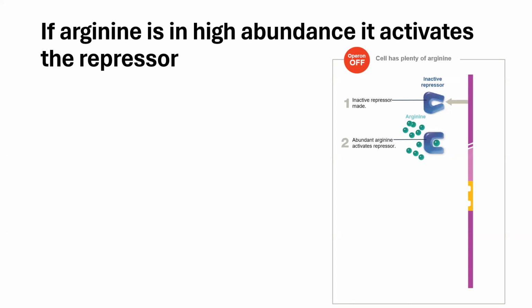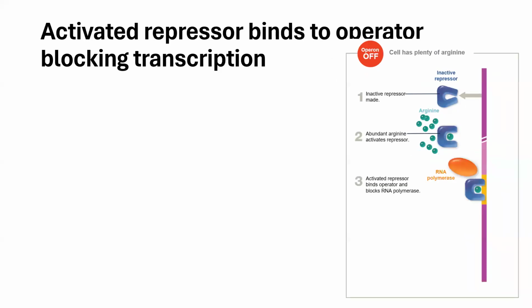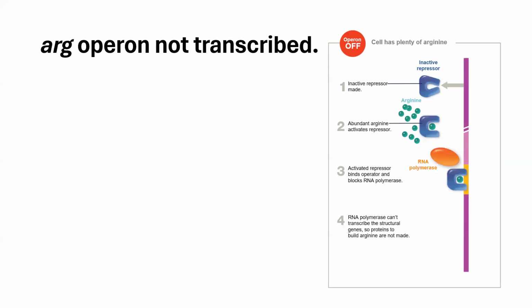But regardless, that available arginine is able to bind to the repressor, thus activating it to where it can now bind to the operator. And when it's bound to the operator, it blocks the progression of RNA polymerase, and transcription does not occur.